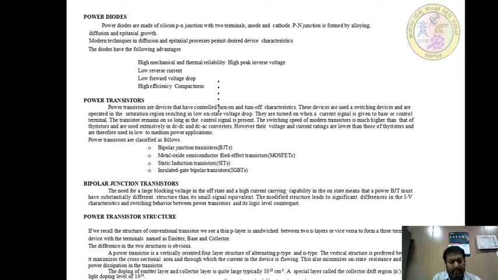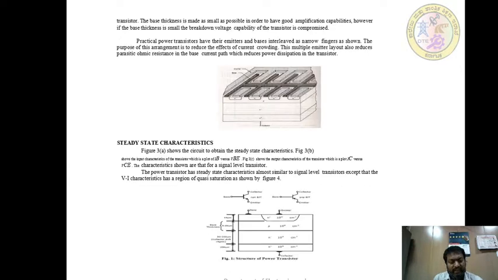The doping of the emitter layer and the collector layer is quite large, typically 10 power 19 per cubic centimeter. A special layer called the collector drift region, N minus, has a doping level of 10 power 14. The thickness of the drift region determines the breakdown voltage of the transistor. The base thickness is made as small as possible in order to have good amplification capabilities.